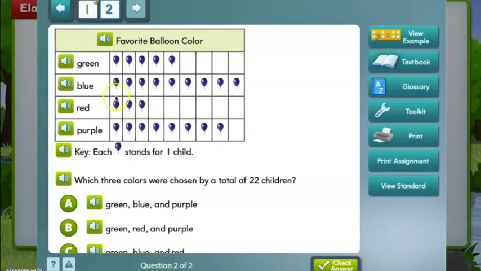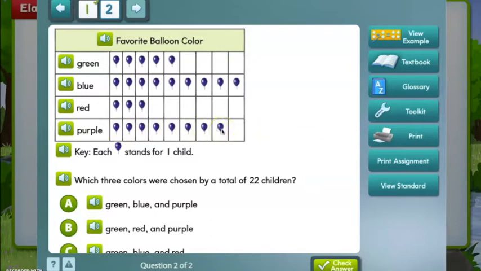So instead of doing the red, let's try green, blue, and purple. So 1, 2, 3, 4, 5, 6, 7, 8, 9, 10, 11, 12, 13, 14, 15, 16, 17, 18, 19, 20, 21, 22.